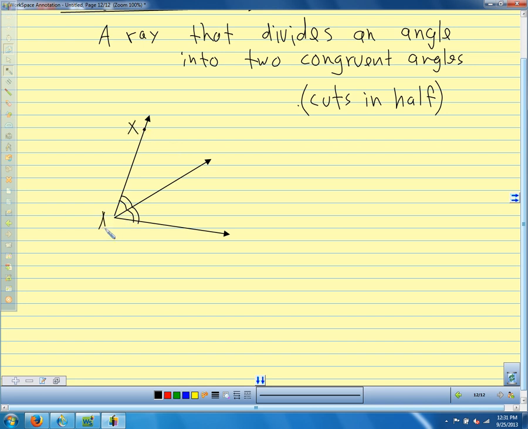Call this X, A, and Z, and Y. So we say ray AY bisects angle XAZ. We know that angle XAY is congruent to which angle on this figure?